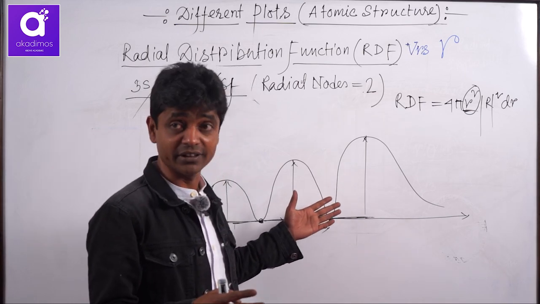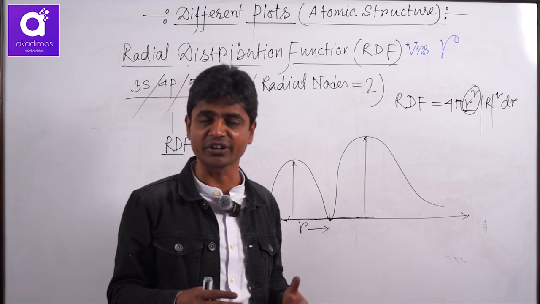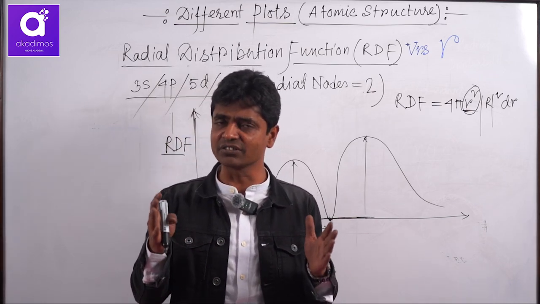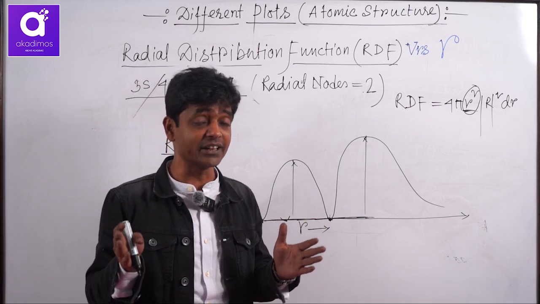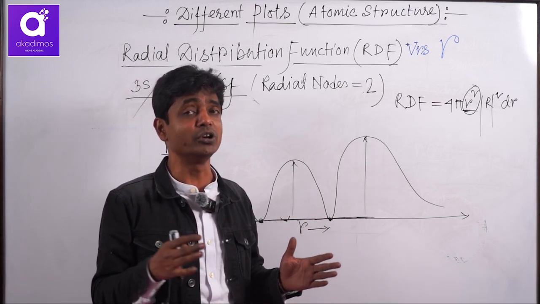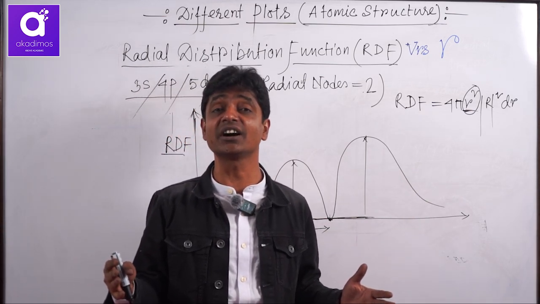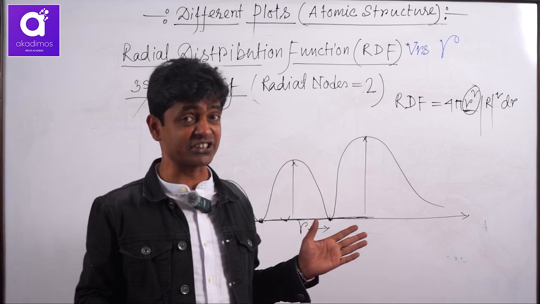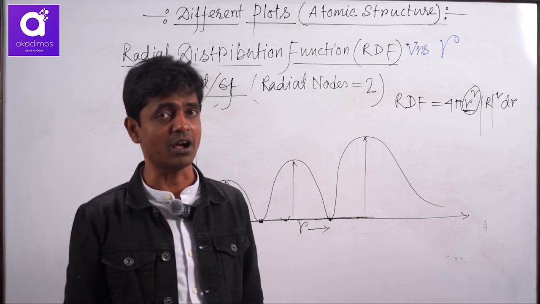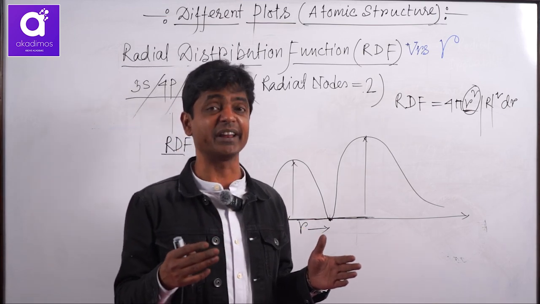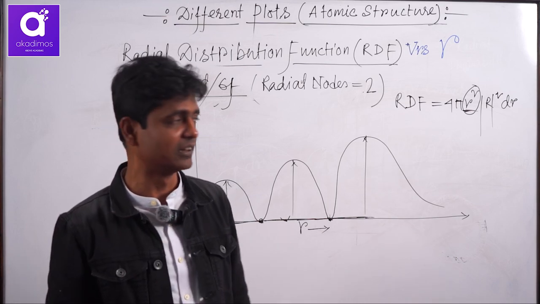And today the last part of my plots in atomic structure, this part is important. Radial distribution function versus radius is slightly different from the others. Here s, p, d, f all show the same nature of plot if the number of nodes is the same. Also, I have discussed in the first part of the video how you can predict the nature of the wave function with respect to the variable r.